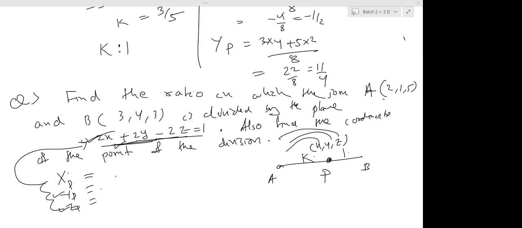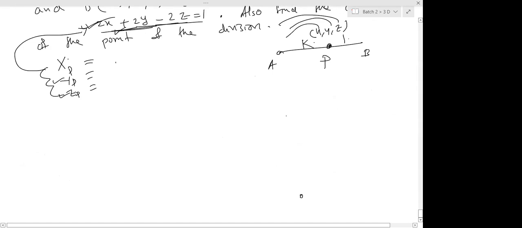All right, let's see. Here two points are A and B. The coordinates are (2, 1, 5) and (3, 4, 3). I'm assuming the ratio to be k:1.